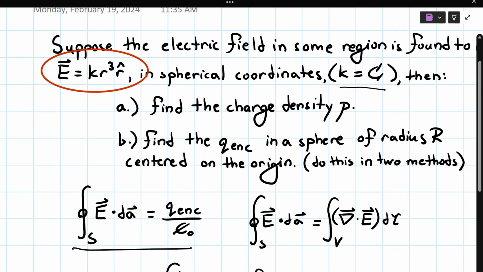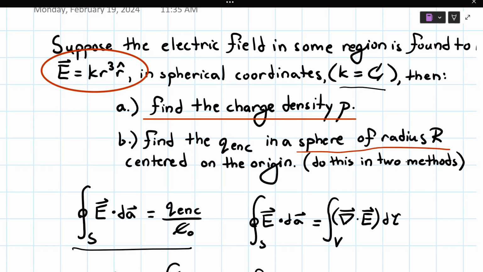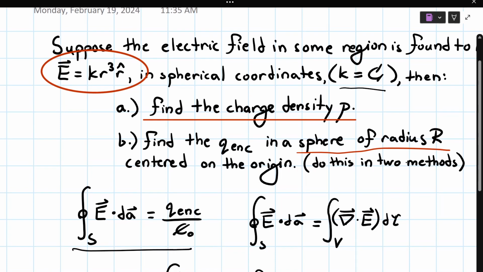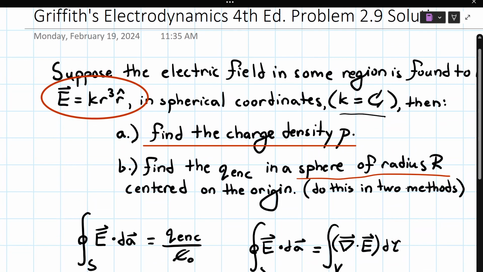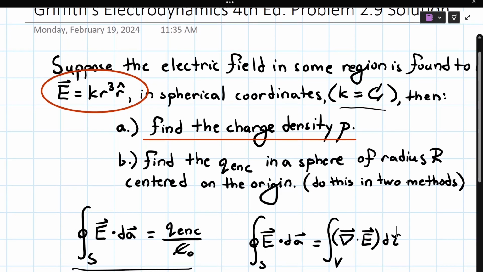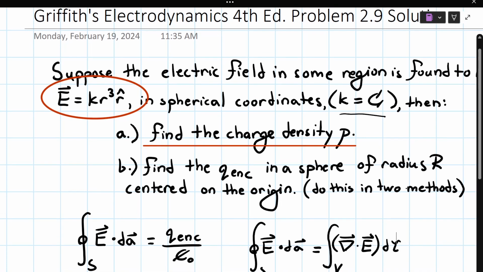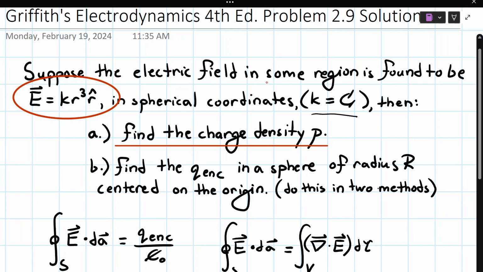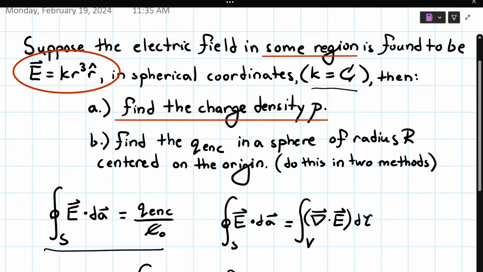And in this problem, you'll notice that we're not given some denotation of the shape that we are integrating over, the space or volume, in this first part. That's because there's just a differential form, which we found, so we don't actually need a region to do it for. The region has no bearing on finding the charge density in this specific equation.